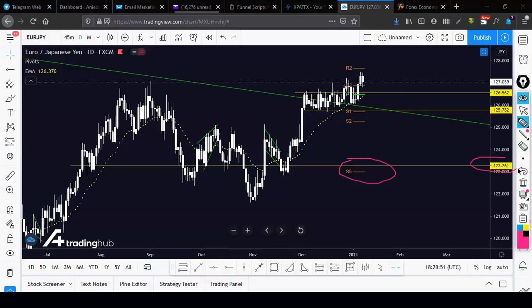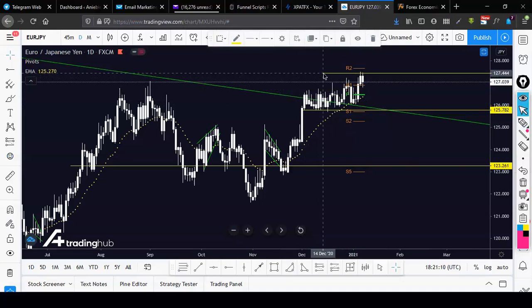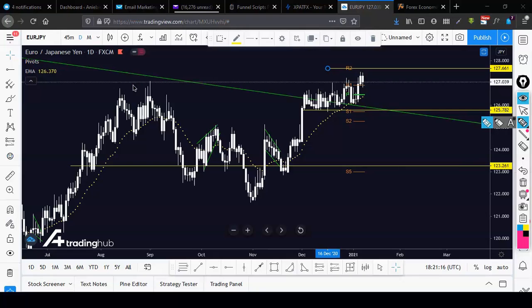This is the S5, the 123.261 zone, the 126.56 zone, and the 125.78 zone, which were my entry zones. But with what price is doing right now, I'm going to adjust this entry zone from here to the R2, because price has closed above these highs you are seeing here.